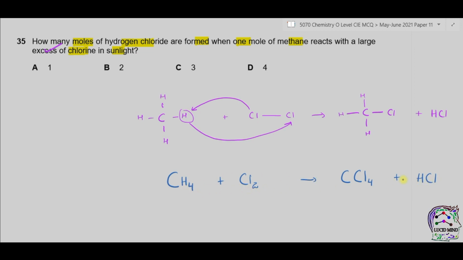We have 4 hydrogens, so we can write 4 with HCl. Now we have 8 chlorine on the product side, so we can write 4 with Cl2. From balanced equation we can see that 1 mole of CH4 reacts with excess chlorine to form 4 moles of HCl. Correct answer is 4 moles.